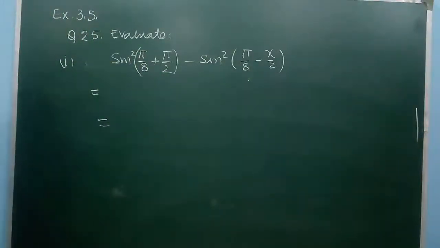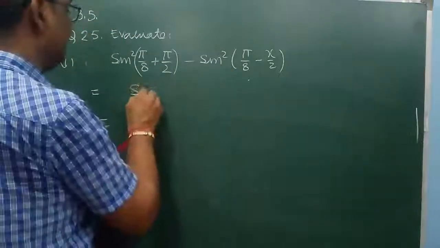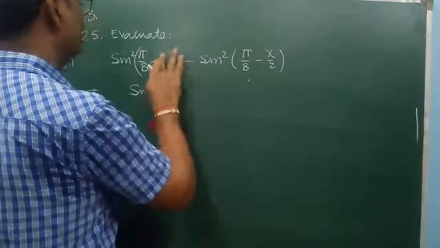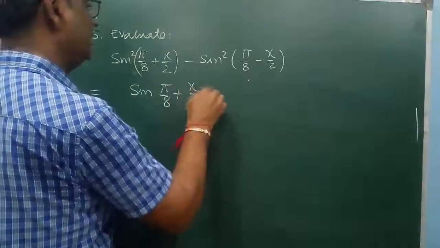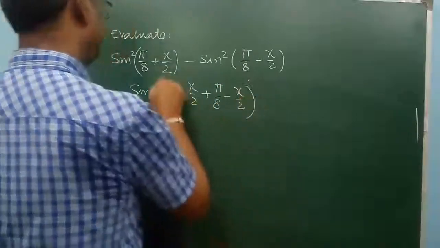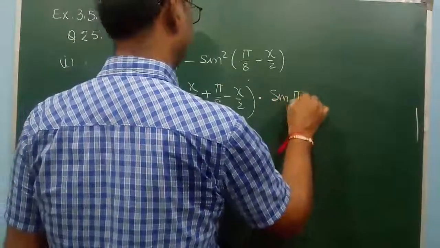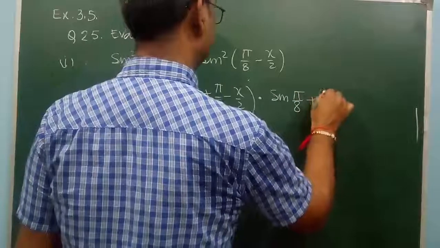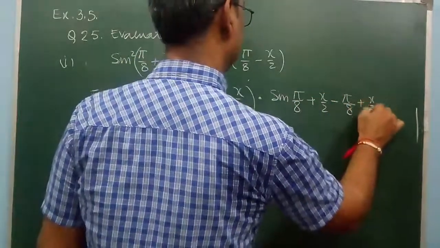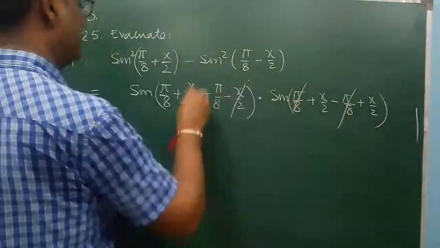The value will be how much? Sin (C plus D) into sin (C minus D). So sin pi by 8 plus x by 2 plus pi by 8 minus x by 2, here pi by 8 will be getting cancelled, here x by 2 will be getting cancelled.